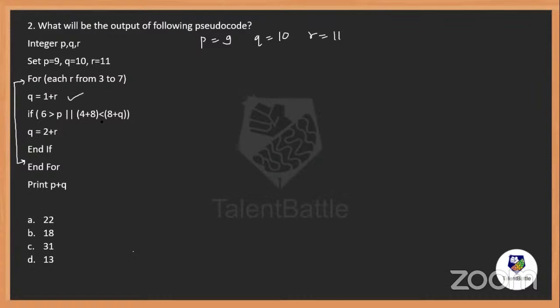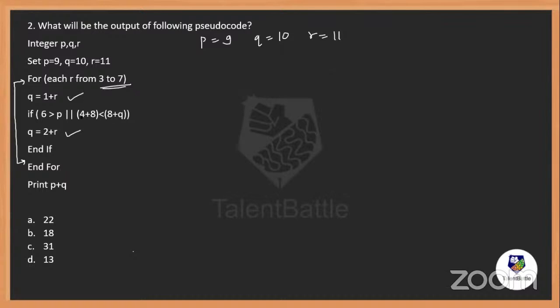After that, an if condition to check. If this if condition is true, one more statement to execute. And this will iterate for the value of R from 3 to 7. So when R is 3, then when R will become 4, like this, you have to use up to 7. So 3, 4, 5, 6, 7 means 5 iterations we have to consider for the loop.